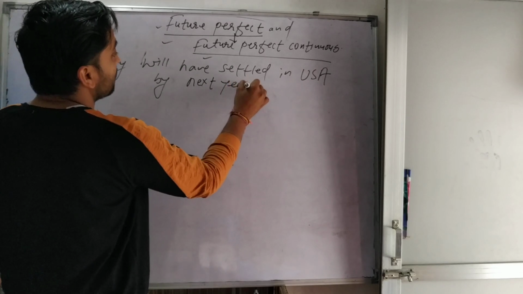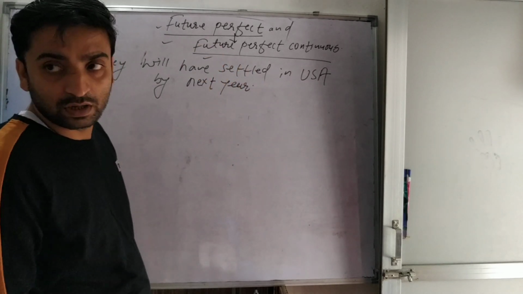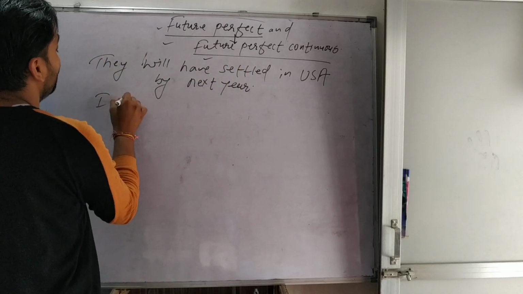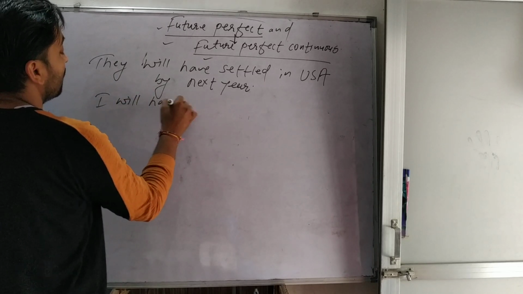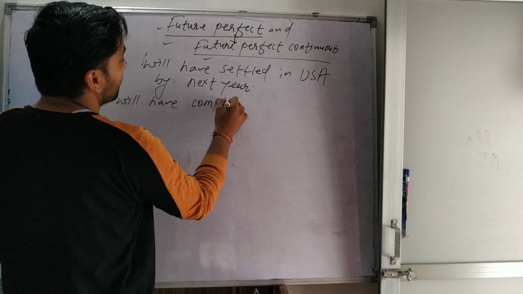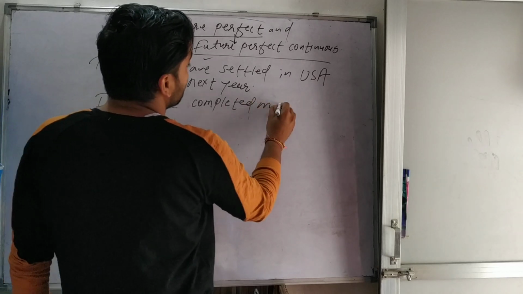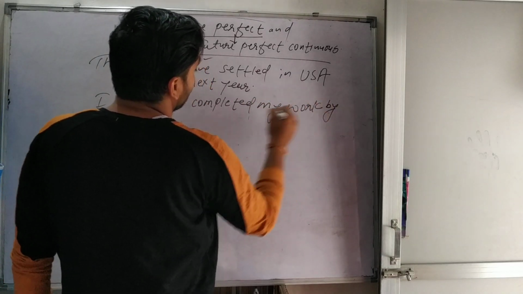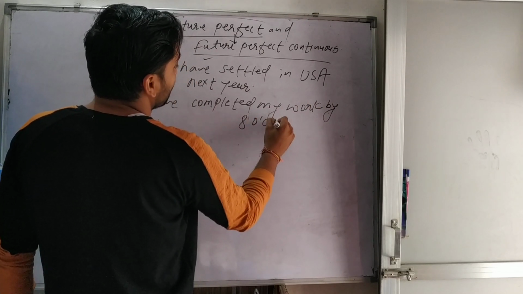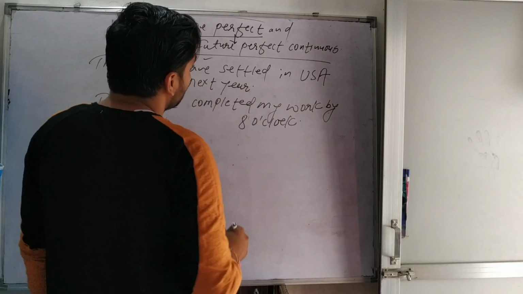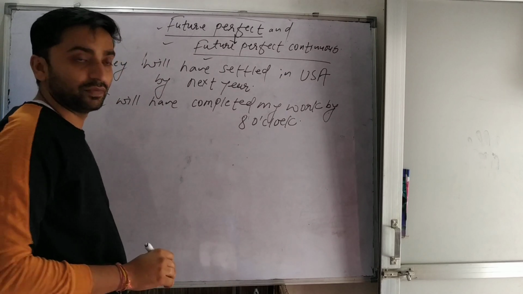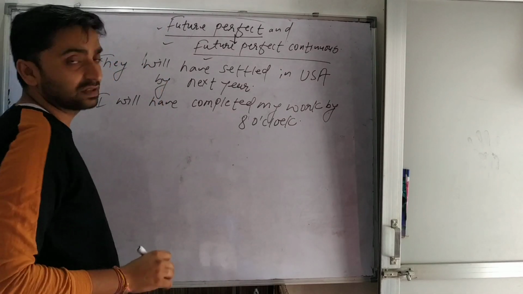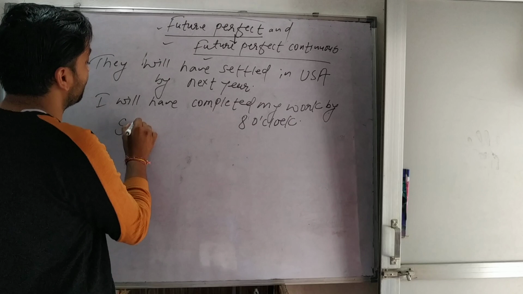By next year. You can see another example also: I will have completed my work by 8 o'clock. By 8 o'clock. So these are the examples of future perfect, and the structure can be easily formed from those examples.